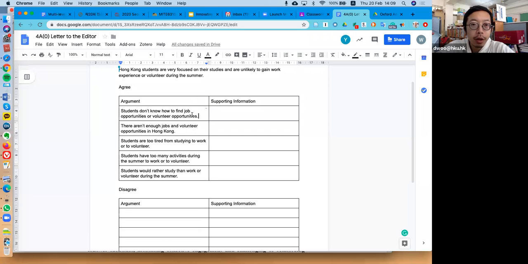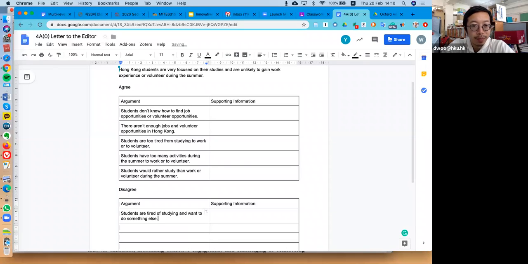Think about these arguments and write the opposite. Here's one. Students are tired of studying and want to do something else. That's one reason why students would work or volunteer during the summer. They're tired of studying and want to do something else during the summer.